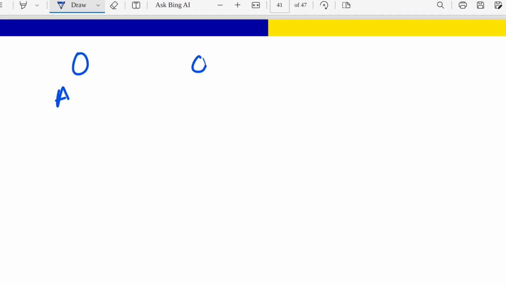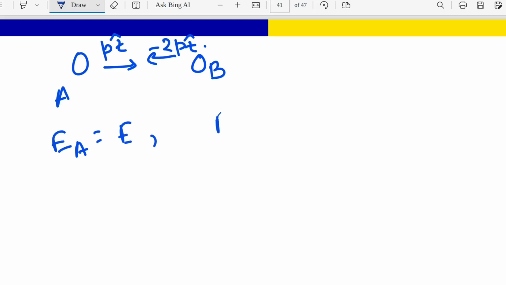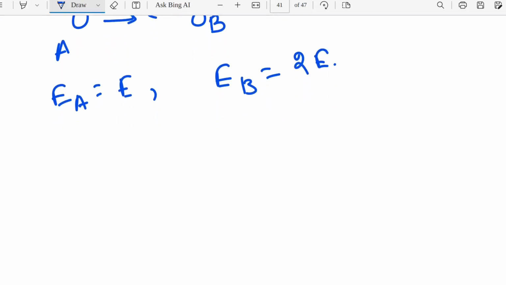So similarly I am just doing this very same calculation here. This is PZ cap, this is minus 2PZ cap, EA is E, EB is 2E, right? Now, flux density we have already calculated.